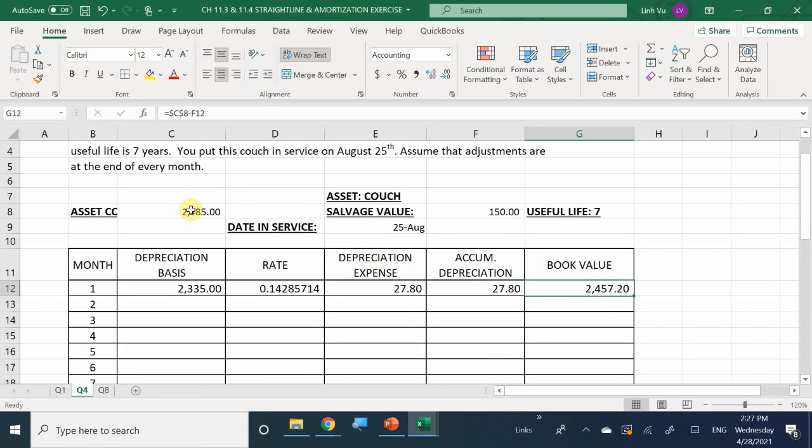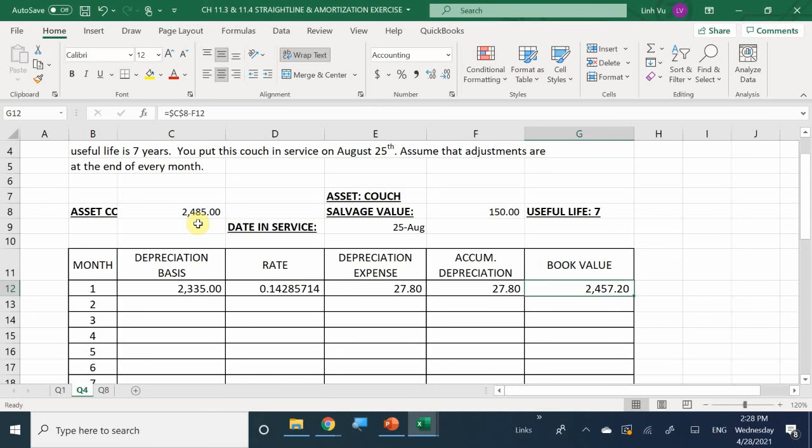Wait, how did the price go up? Did you add? No, I got minus. You got 24. I got 23. $24.85 minus $27. My fault. No, I was going on the base. Oh, my fault. Okay, yes, remember, it's never the basis, it's always the asset cost. So there you go. There's the first month.